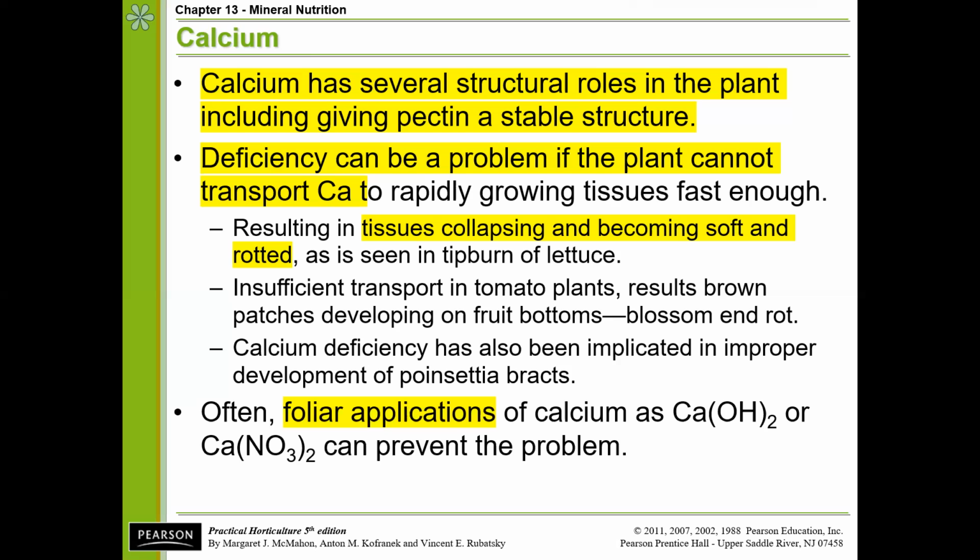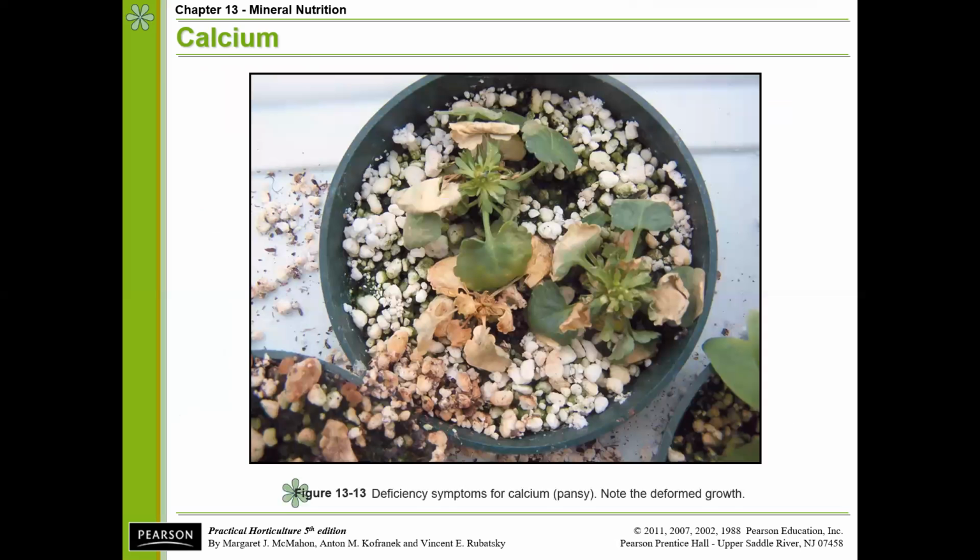And it's basically just a spray that has calcium nitrate in it, and you spray it right on the leaves, and it will help to prevent problems. In this case, again, growing it in perlite, so not easily able to hold on to it. It just causes the plant to pretty much be deformed and almost die, in this case in pansies, without calcium.